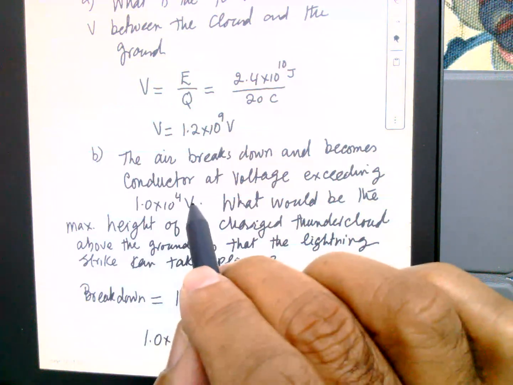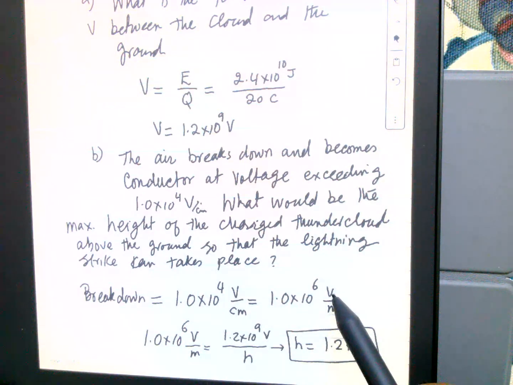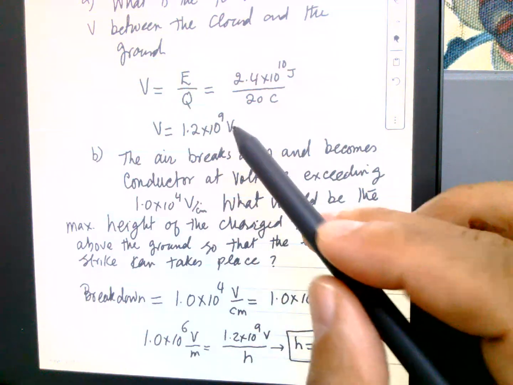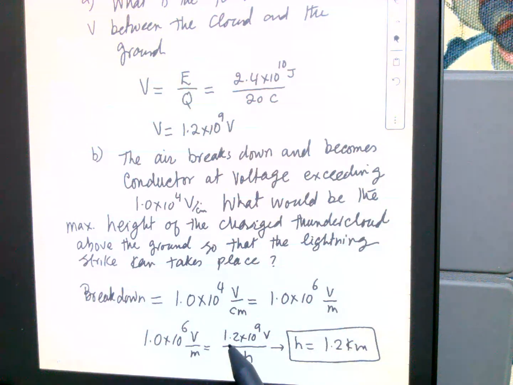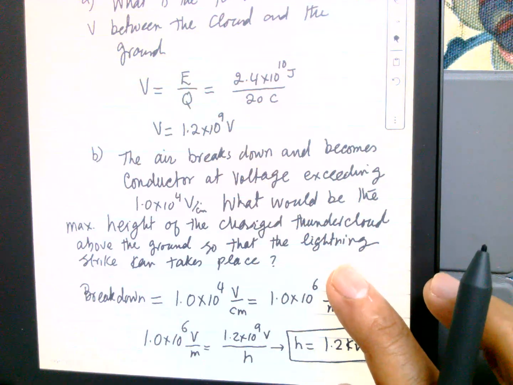And we have this voltage, 1.2 × 10^9 over h. So h, the height, is equal to 1.2 kilometer. At a height of 1.2 kilometer, in such a situation, the air becomes a conductor.